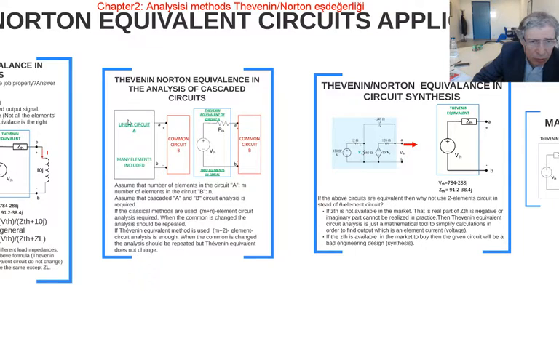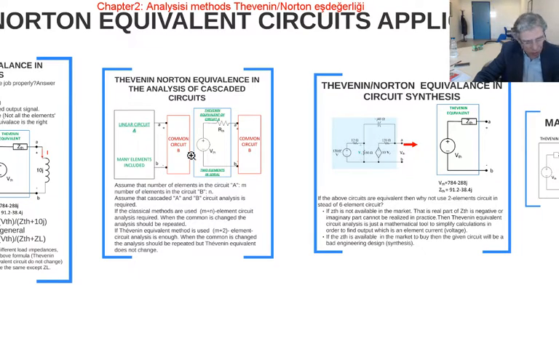So the total number of elements in this circuit is M plus N. So if you want this part of the circuit's currents and voltages, you're going to analyze that amount of elements included in the circuit. But if you replace the left hand side with just two elements, the circuit that you're going to analyze here is N plus 2. So it is much less than this M plus N.